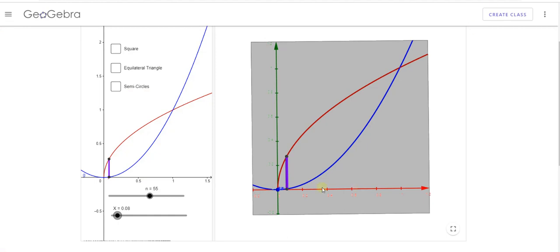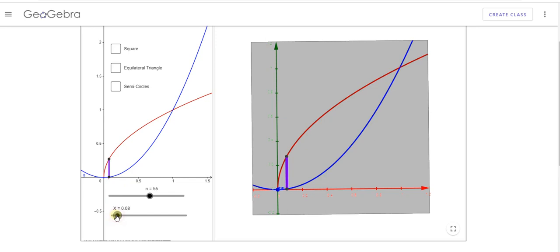Okay, so there you have it. These are two different functions, of course. In this illustration, the blue curve is y equals x squared, and the red curve is the cube root of x. I'm just looking at the first quadrant here.